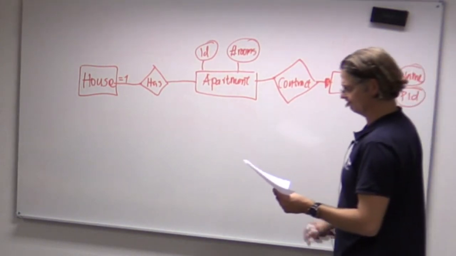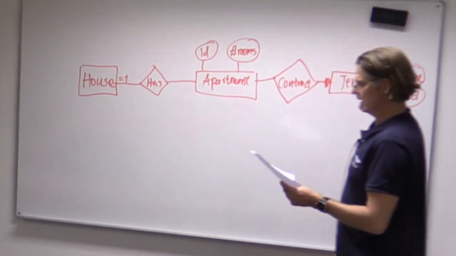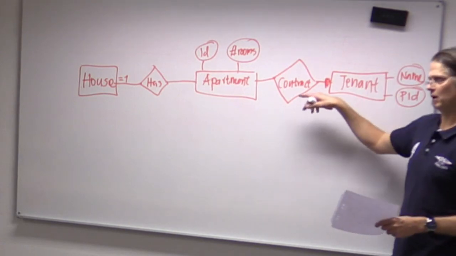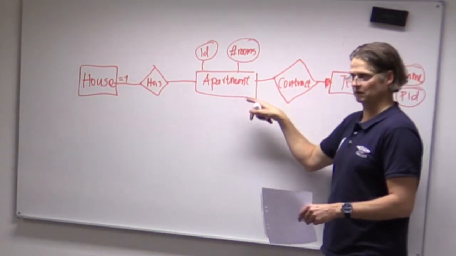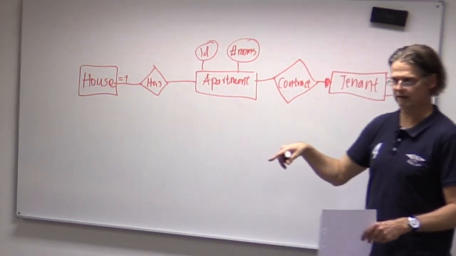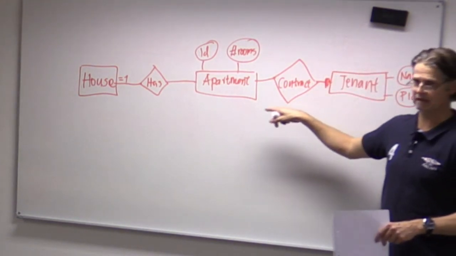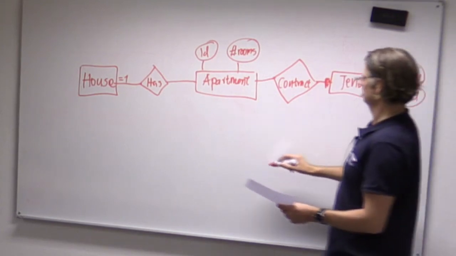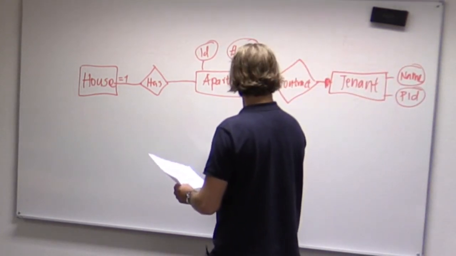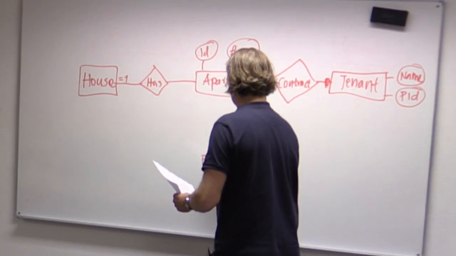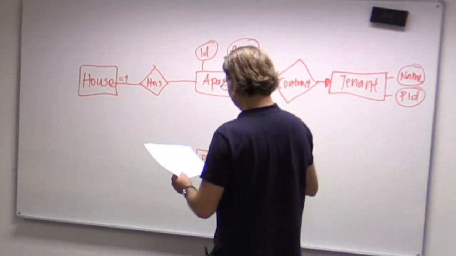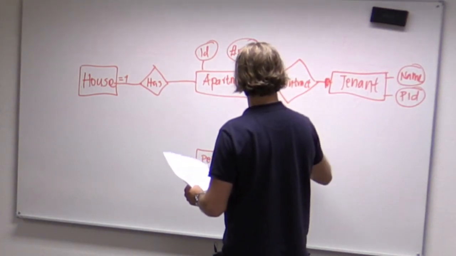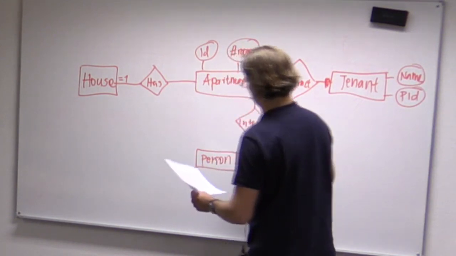So let's see. We also had this idea of what if all the apartments were rented, but you still had an interest in the one or two of the apartments in the house. Would that be possible to add that to the model? Well, we added person. This is where the model gets really ugly when your whiteboard is too small.